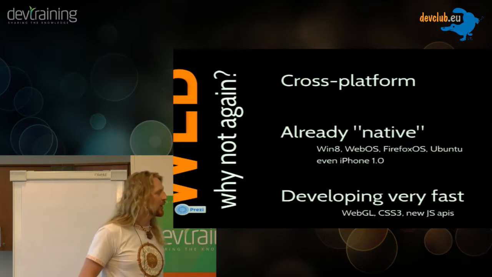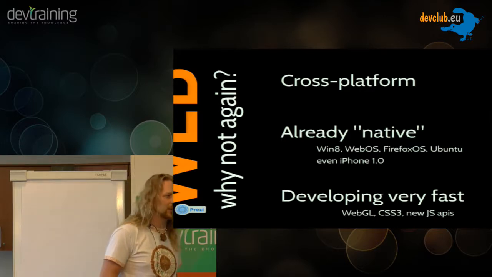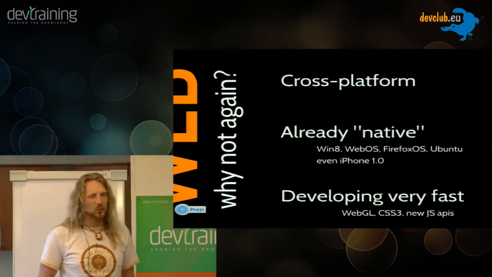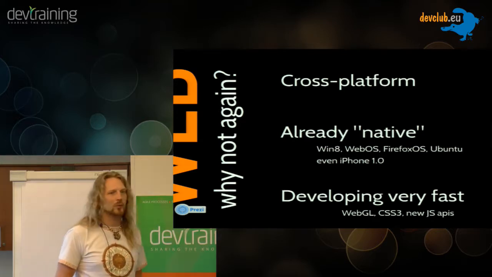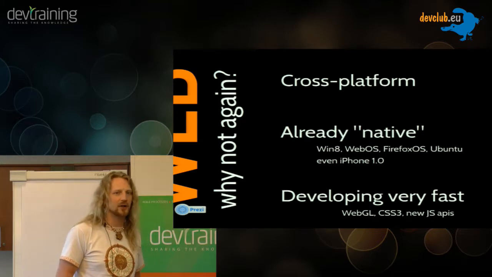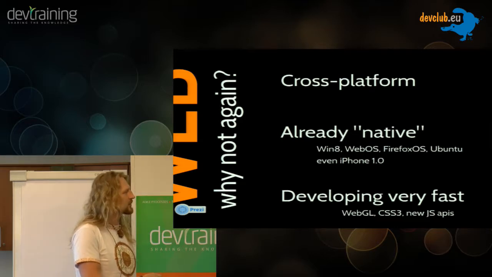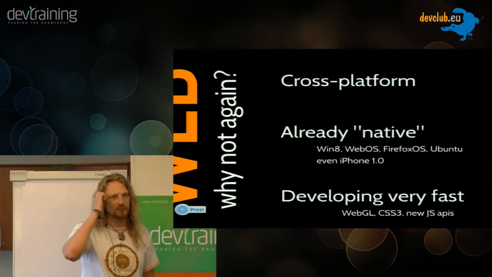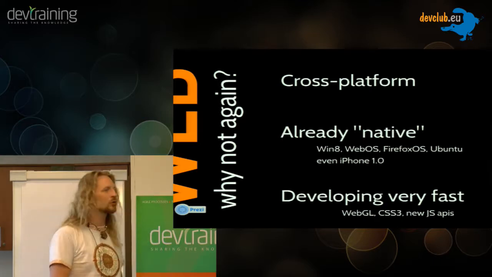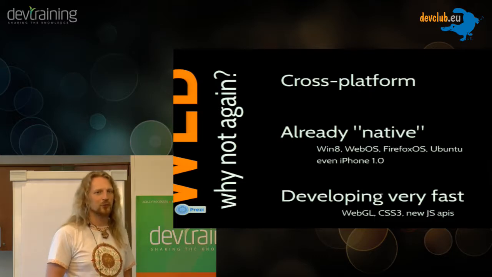And there is the emerging Firefox operating system for mobiles, which will have some real mobile phones released, I think, in the second quarter of this year. Then there is Ubuntu Touch. They will have their first devices in autumn. So basically, this year we'll see a lot of new platforms.